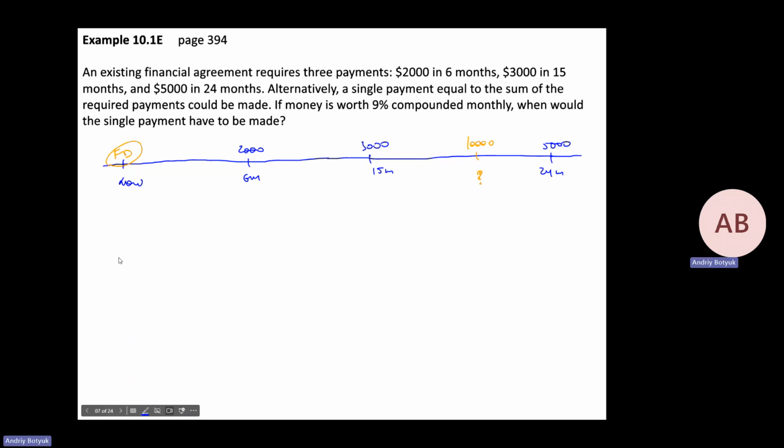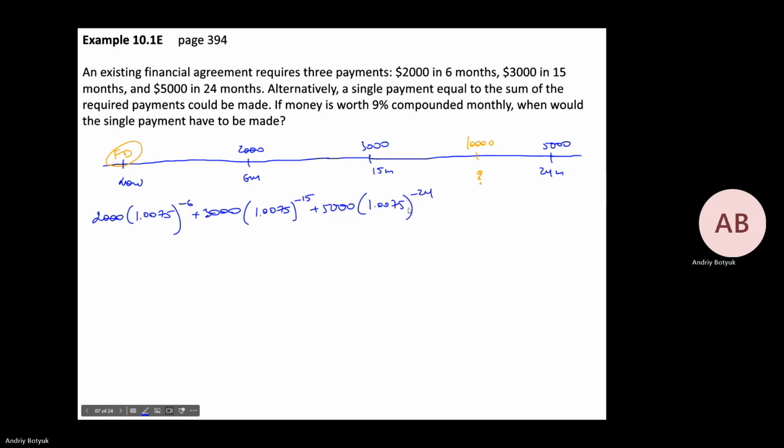Now I have two agreements, right? The blue one and the orange one. So orange agreement has one amount, so I can create the equation right away, right? So 2,000, 9% monthly gives me 0.0075, and now minus 6 plus 3,000 minus 15 plus 5,000 minus 24.